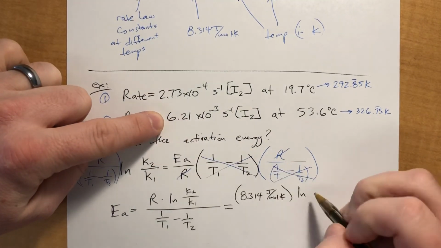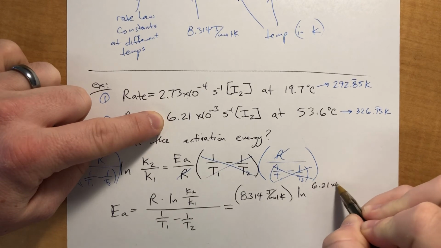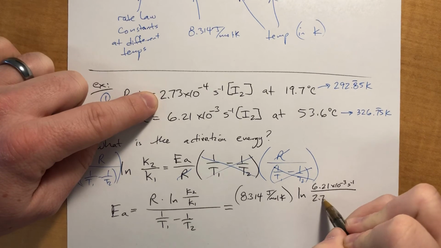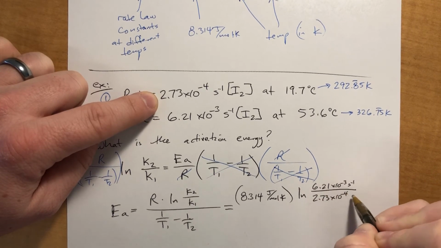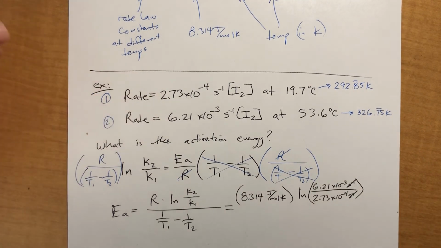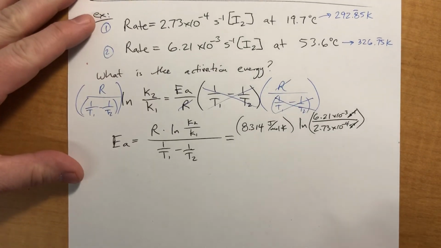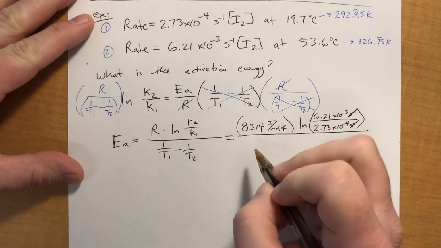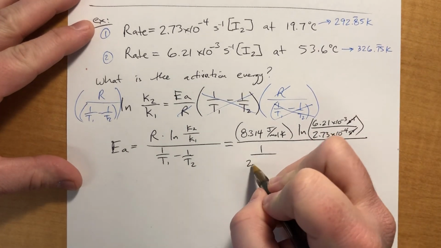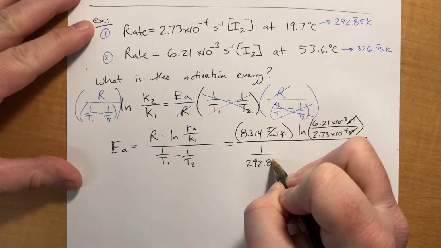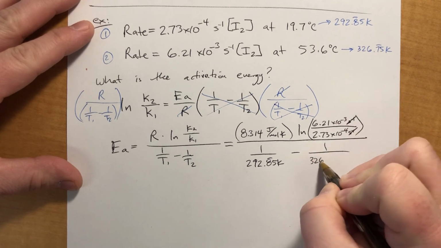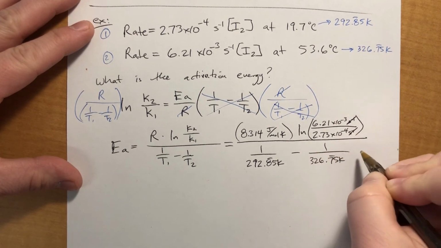So 6.21 times 10 to the negative third inverse seconds is on top, and 2.73 times 10 to the negative fourth inverse seconds is on bottom. The inverse seconds will immediately cancel out, so we can pretty much ignore them. All of this is going to be divided by 1 over T1, which was 292.85 Kelvin, minus 1 over T2, which is 326.75 Kelvin.